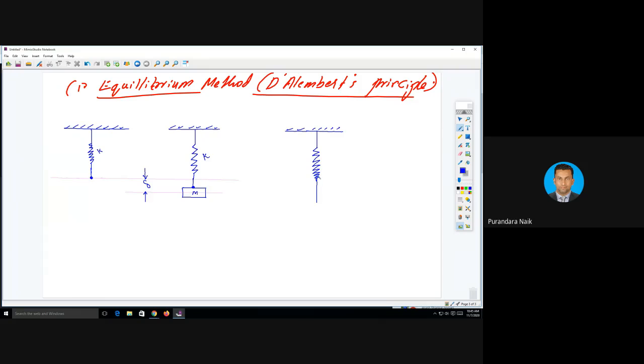This is a spring, and you are going to apply a pulling force.